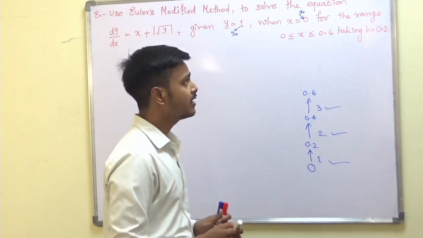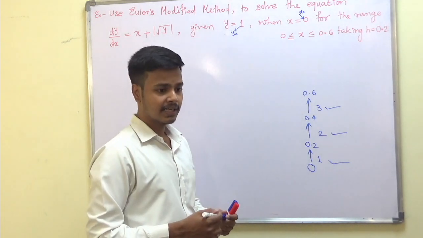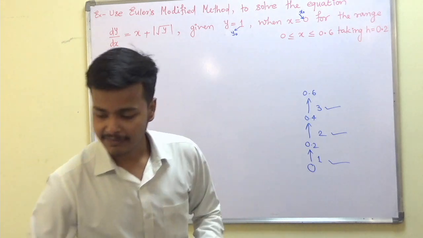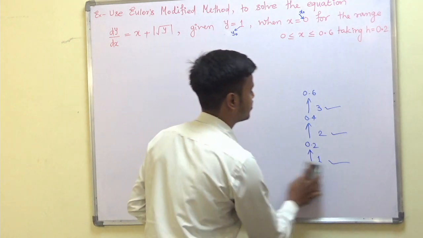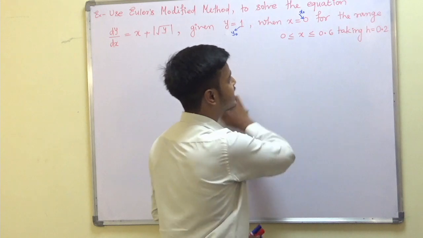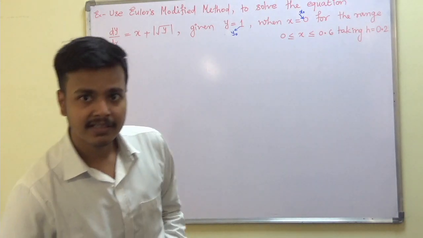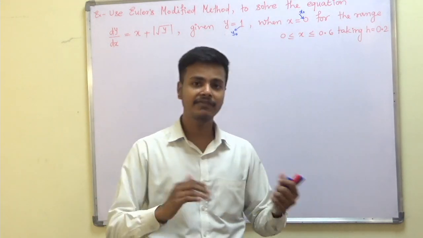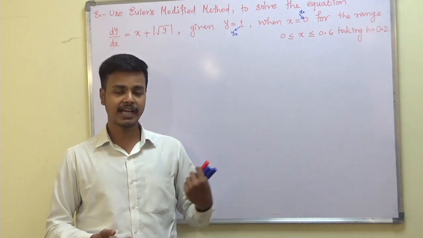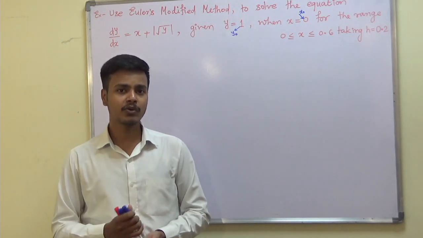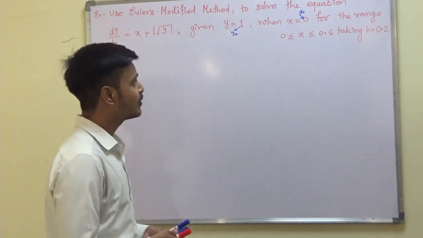So this is a 3-step method. The problem that we took earlier was a 2-step method. That is the only thing.